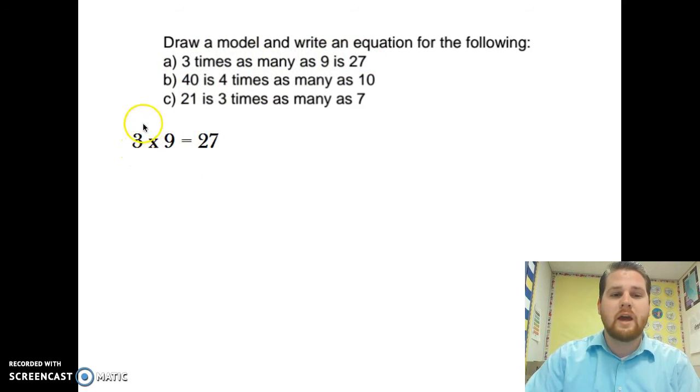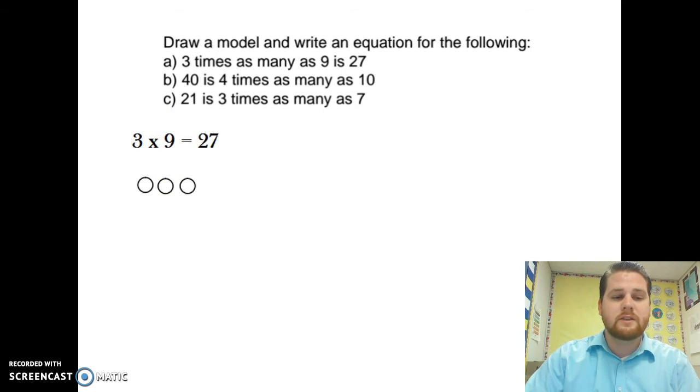So first of all, if I want to use the array model for this one, I look and I see that I have 3 circles for this first one. I am going to make 3 circles, so I have 3 circles in each row. As you can see on my array model, I have 3 circles in each row. And now I need to multiply that by 9 rows.